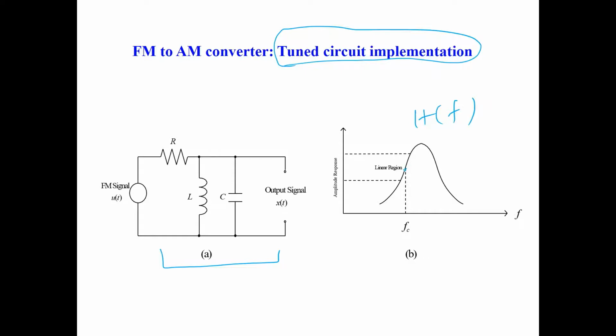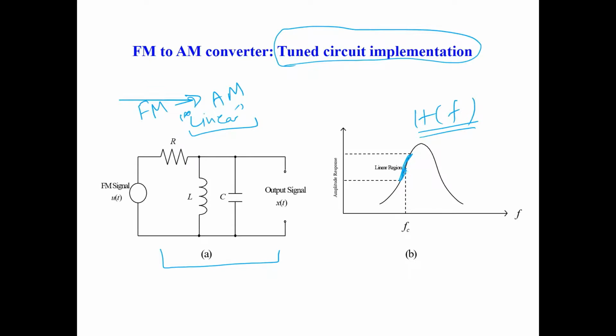Very important: you are converting FM to AM, so this conversion should be linear. If the conversion is not linear, you could have high frequency components which are not desired. If you look at the spectrum of the filter, this is the only linear region which you can obtain.